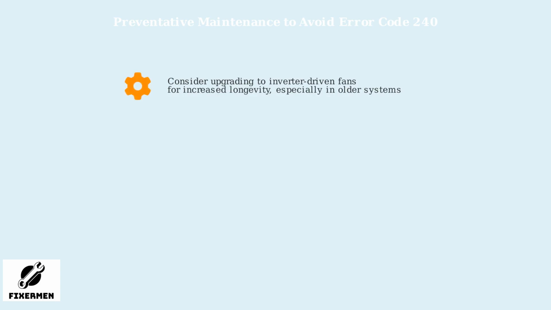Consider upgrading to inverter-driven fans for increased longevity, especially in older systems. These fans adjust speed based on cooling needs, reducing wear and tear that can lead to error code 240. Proper installation is also key to avoiding future fan errors. Improper wiring or positioning can cause electrical issues that manifest as error code 240.